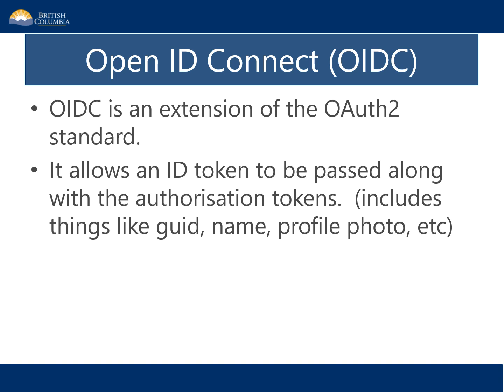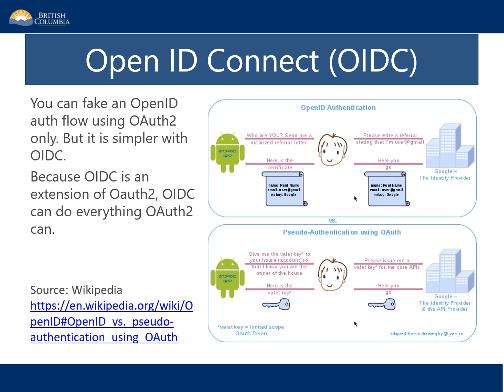OpenID Connect is just an extra wrapper on the OAuth 2 standard. It allows an ID token to be passed along with those authorization tokens mentioned before, including things like GUID, name, profile photo, stuff like that. You can actually fake an OIDC flow using only OAuth 2, but it's just simpler to do so with OIDC.